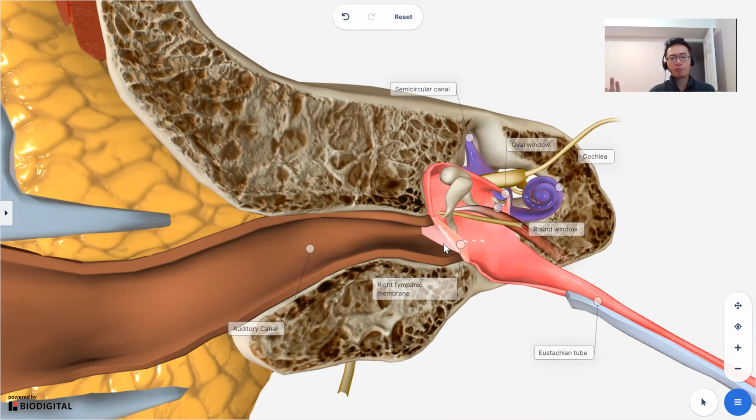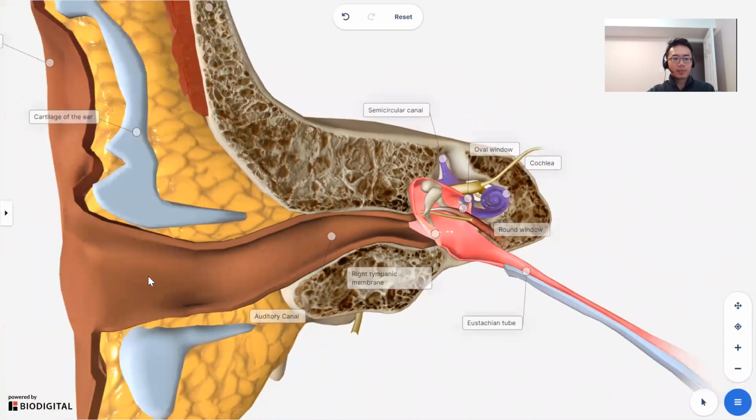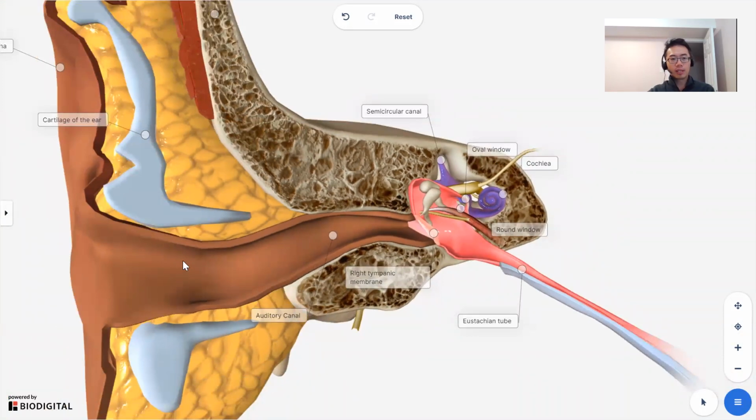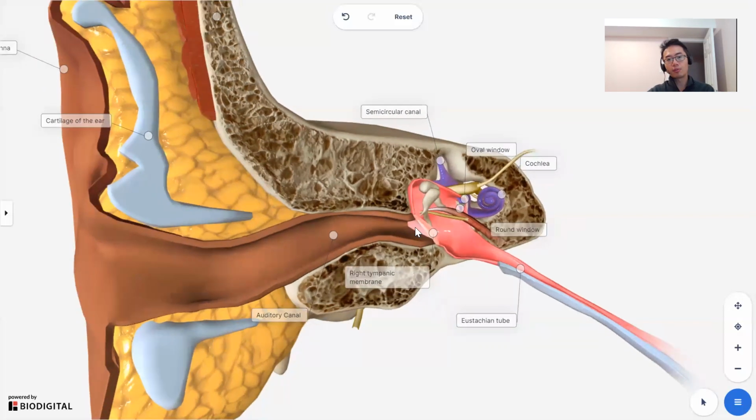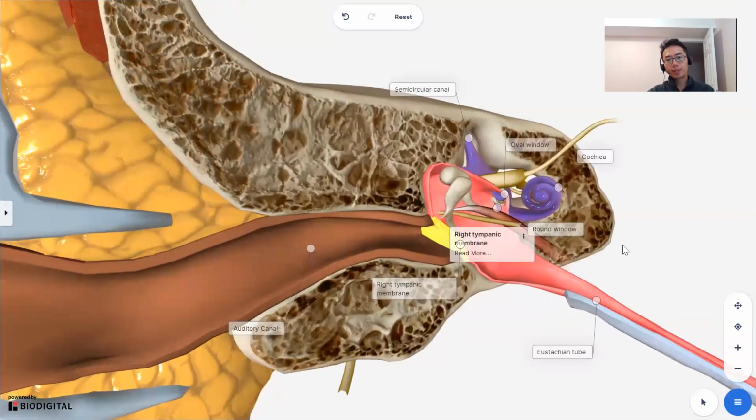Okay, it's the opposite of what a speaker does, right? A speaker creates movement, and then that movement translates into sound. Nowadays a lot of people check temperature using those ear thermometers. If you have a kid, you might have one. Basically, it checks the temperature of the tympanic membrane, your eardrum.